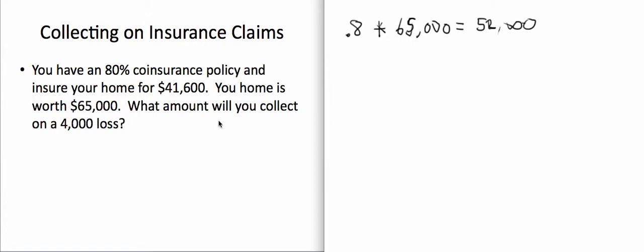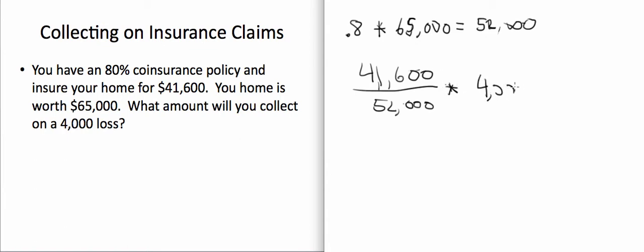From here we take the amount that is insured, 41,600, and we divide that by 52,000, just like our equation said, and then we multiply it by the amount of loss, $4,000.